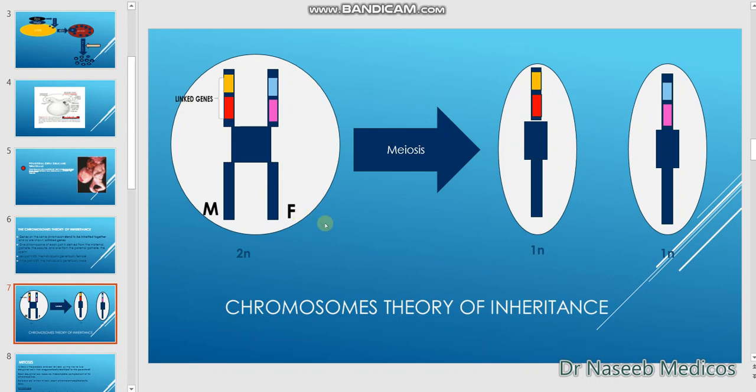The chromosome theory of inheritance says, suppose there are two genes present on the same arm of the chromosome, they tend to be inherited together. This is the first point of the chromosome theory of inheritance. And the second is that each diploid cell contains two copies, one from mother and one from father. And you can say there is a haploid number in gametes.